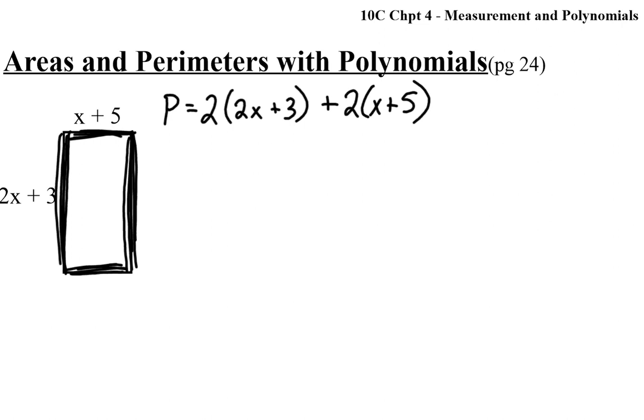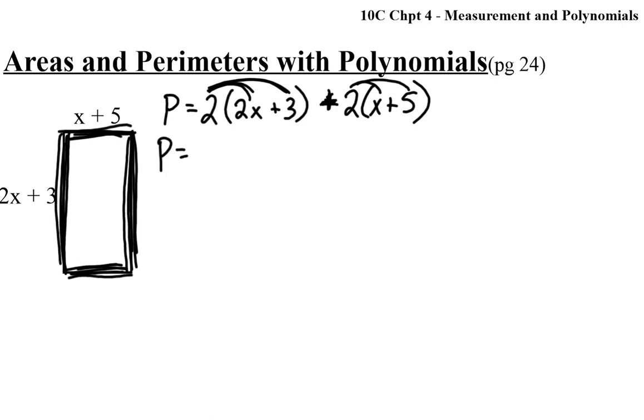So that's what I'm going to do to get the perimeter. 2 times (2x plus 3) and 2 times (x plus 5) will get me the distance around. Well, for perimeter, I distribute. Because I have an addition sign, I have a monomial times a binomial plus a monomial times a binomial.